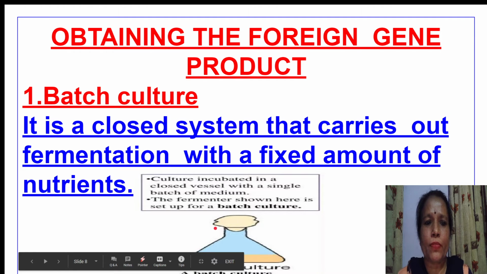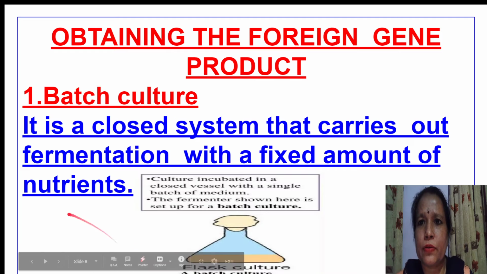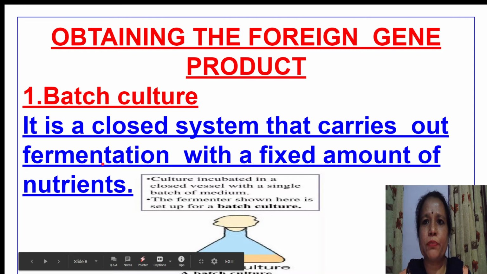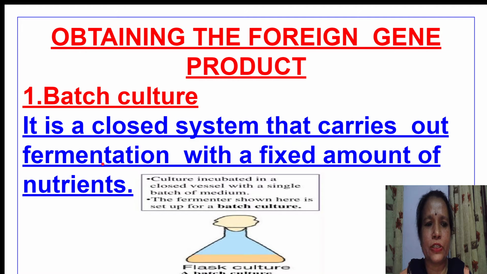So here in order to obtain the gene products, we can follow two types of cultures. One is batch culture and the other is continuous culture. So first we will study what is batch culture. It is a closed system that carries out fermentation with a fixed amount of nutrients.